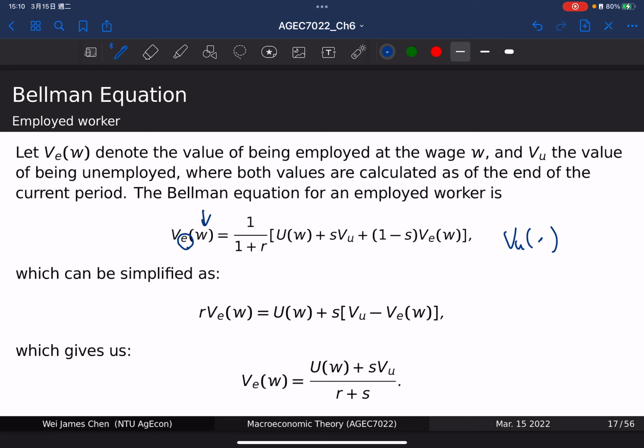With probability s you're separated, so you get V_U. With probability 1 minus s you're not separated, and you still get V_E(w). That's the Bellman equation, and it already gives you all the answers you need. Think about that, and we will explain why that's the case.